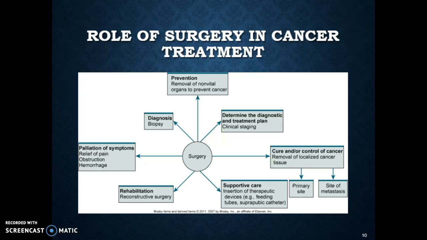And sometimes surgery is done just for insertion of therapeutic devices like feeding tubes or a suprapubic catheter for someone that's had bladder cancer. And sometimes we do simple surgeries that support our therapy, like having a portacath or a central catheter of some sort inserted that can be utilized for giving chemotherapy.